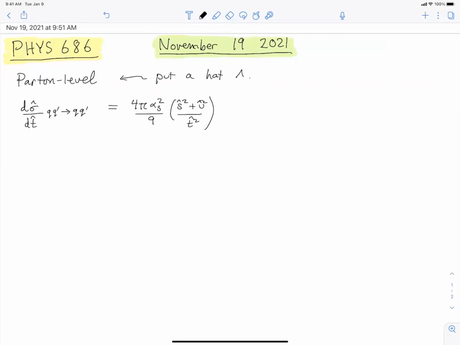So we worked that one out, and then I quoted the answer for you for gluon-gluon scattering.